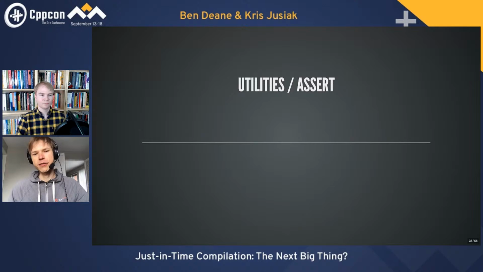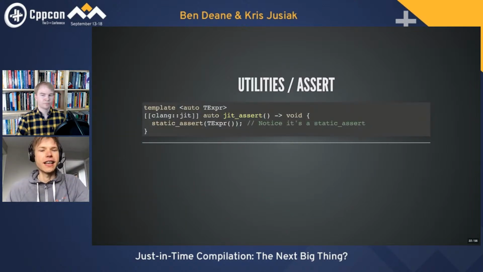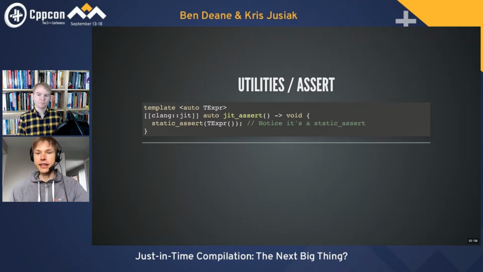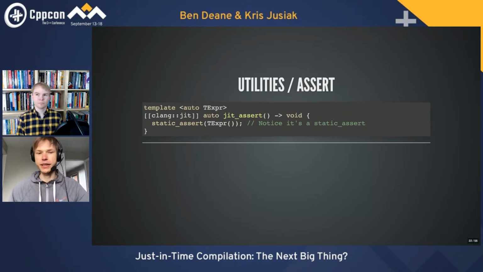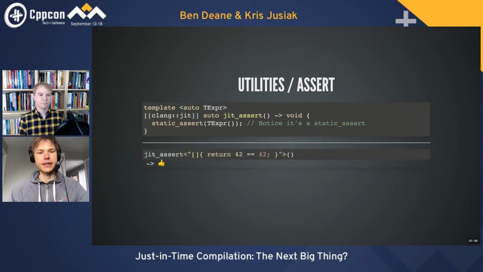But what about if you go further? Imagine that we'll introduce this jit_assert, where we will pass the expression which we'll try to execute. And notice here that we'll do the static_assert in the JIT land. So we move from the runtime to compile time, and in this compile-time world, which is the compile JIT land world in a sense, we can do the static_assert, which is super exciting because then we can leverage all the performance out of it.